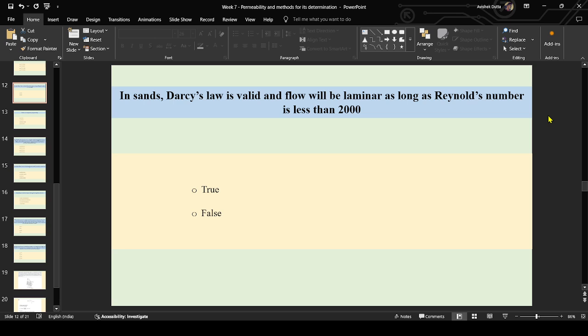I hope you are familiar with Reynolds number and laminar flow and turbulent flow, these terminologies. So there is a condition for Reynolds number both in flow through pipes and flow through soil. Whether it is same or not, that is the main concept of this statement.